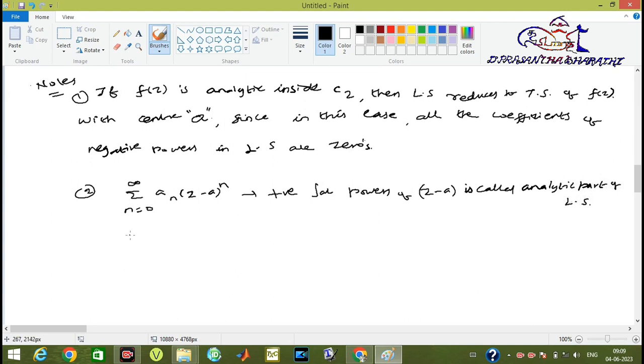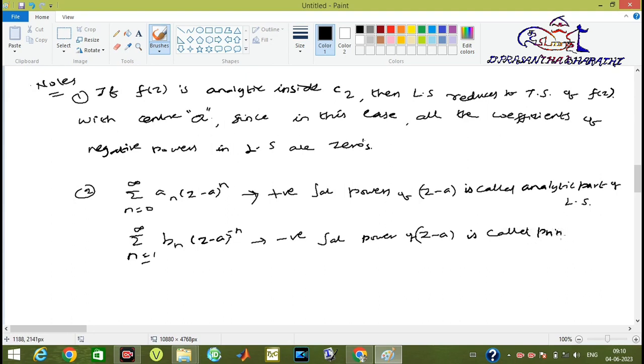In the same way, the summation n equal to 1 to infinity bn into z minus a whole power minus n, consisting of negative integral powers of z minus a, is called the principal part of the Laurent series.